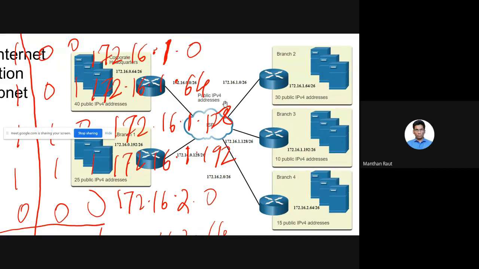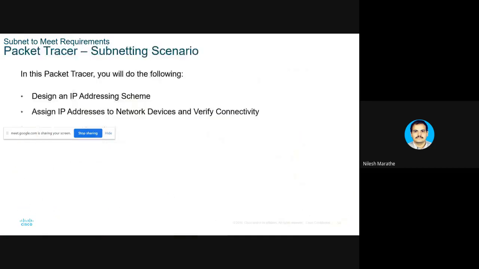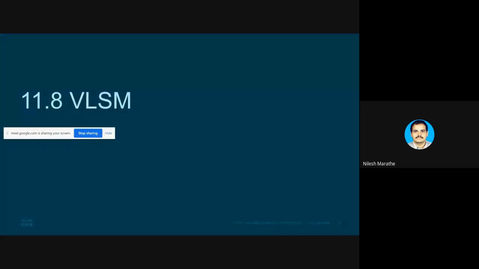No, sir. That's why they suggest that we should do subnetting according to requirement. Here 64 are needed, so give them 64, but here only 2 are needed. Then why are you giving 64 again? That is a waste of IP addresses. That's why we go for a concept known as VLSM, variable length subnet mask.